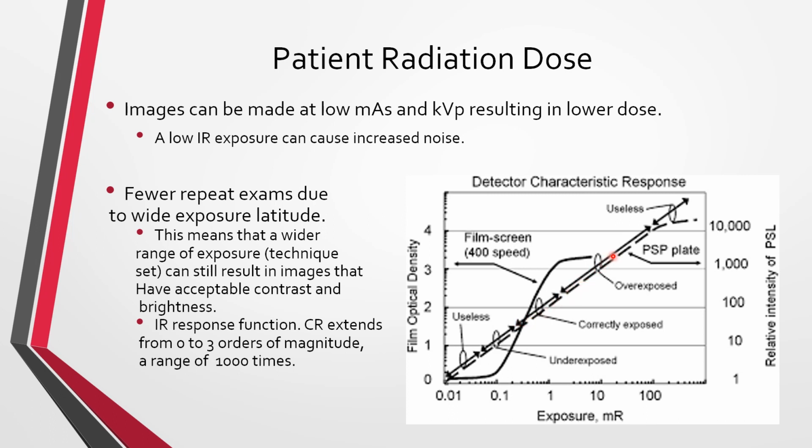And we can also overexpose by quite a bit. So this is the exposure latitude. Latitude means how far one way or the other you can go, and this is showing that in our technique for CR, we can go very far down and very far up, and we can still have acceptable images, which would be from here to here.